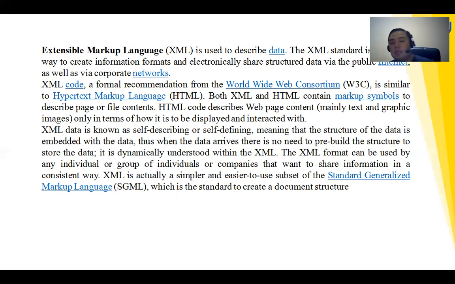The XML format can be used by any individual or group of individuals or companies that want to share information in a consistent way. XML is actually a simpler and easier to use subset of the standard generalized markup language, which is the standard for creating a document structure.